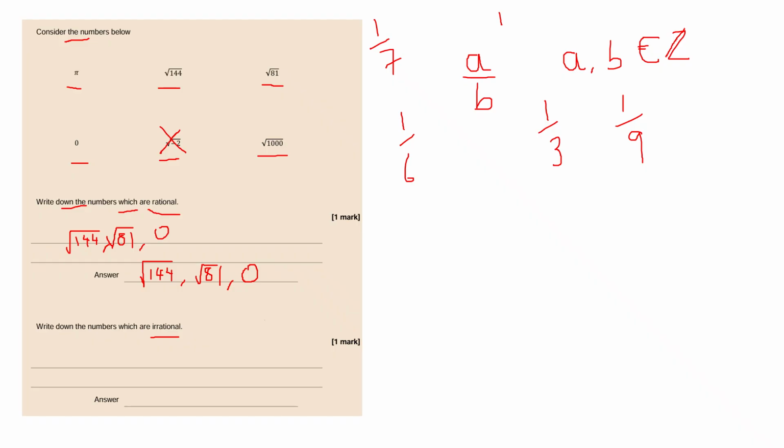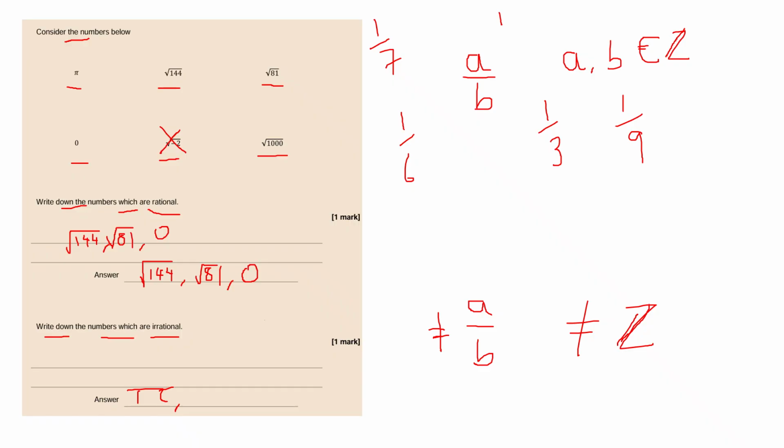Okay, next up, write down the numbers which are irrational. So irrational is when we cannot express it as a fraction or a whole number, so we cannot express it as a over b or a whole number. This is just the notation here for integers. So pi is irrational. Again, if you're not sure, plug it into your calculator.